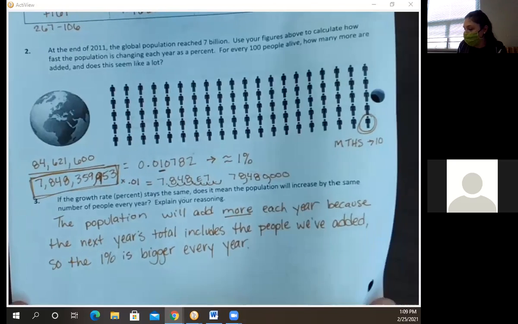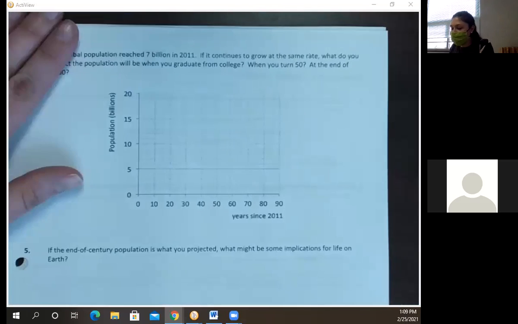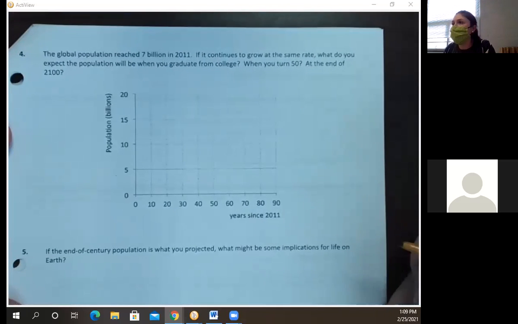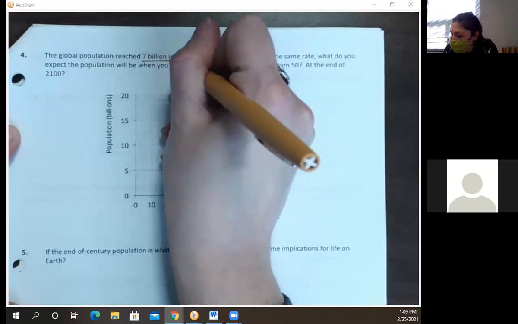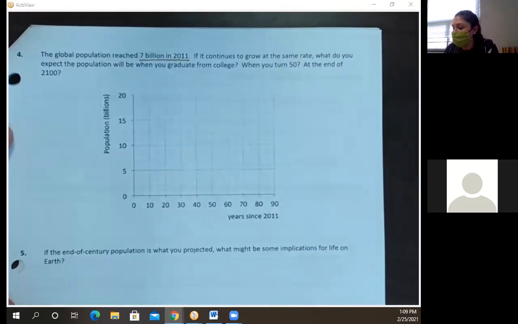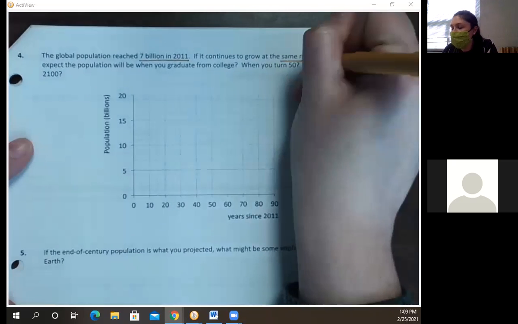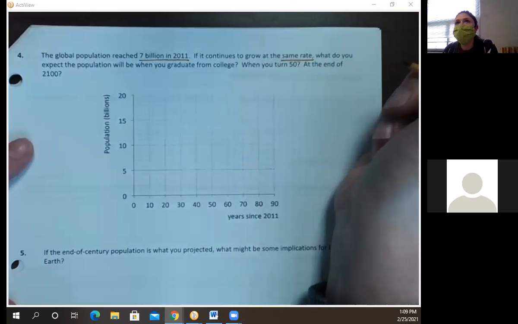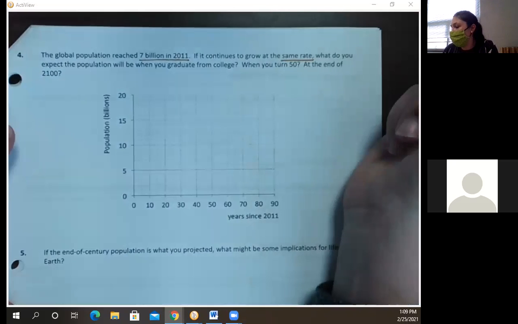Okay. So now let's take a look at some snapshots of our global population. We hit 7 billion, I believe, towards the end of 2011. Let's say that our population continues to grow at the same rate. Let's say since 2011, we've been at this roughly 1% increase.